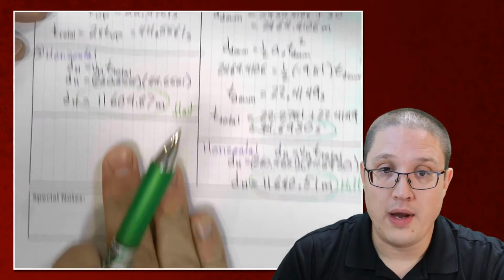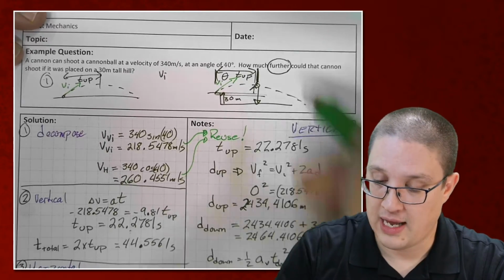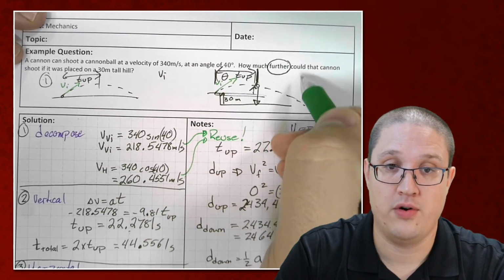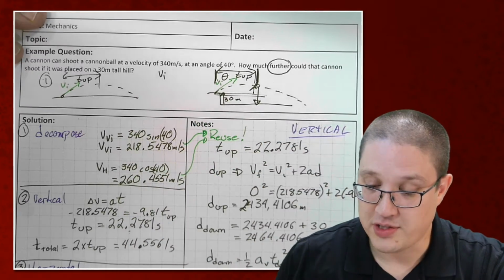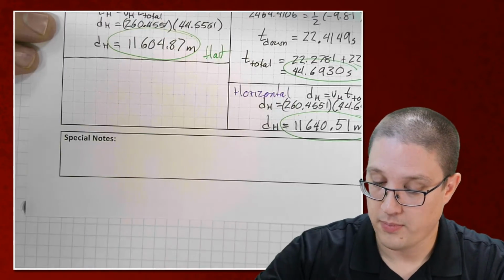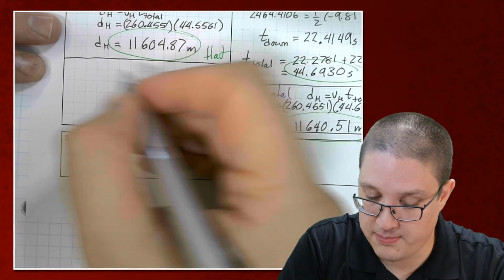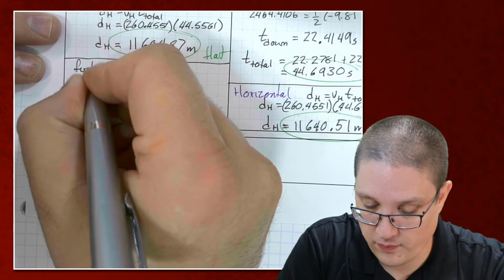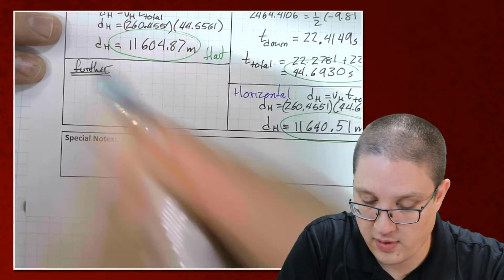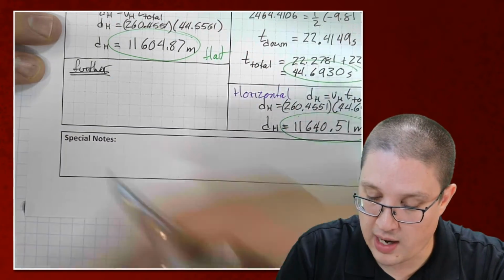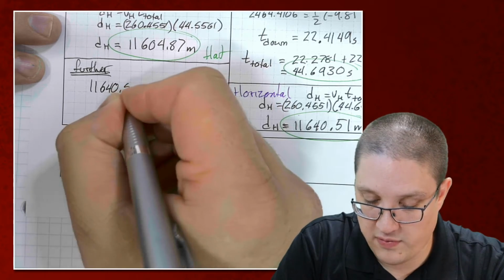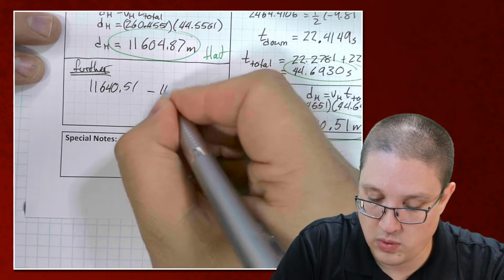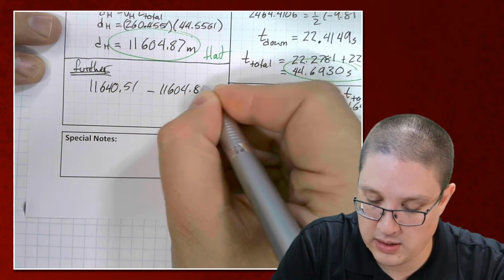However, we're not quite done because the question actually asks how much further. So it's worth always going back and reading the question. How much further does it go? Well, I'm going to use this space here. And I'm just going to subtract the big one minus the small one. 11640.51 subtract 11604.87.